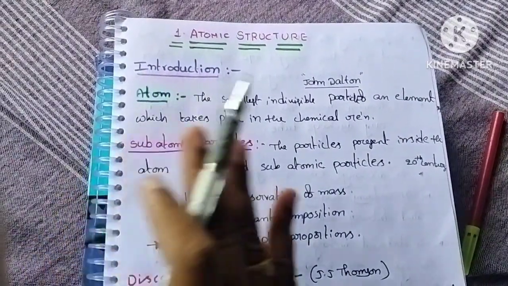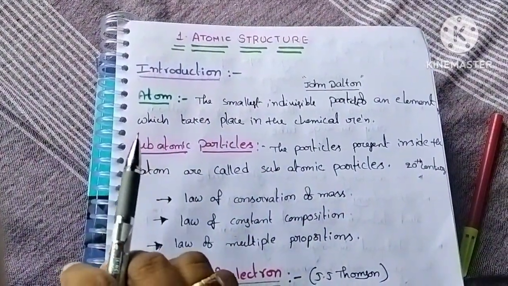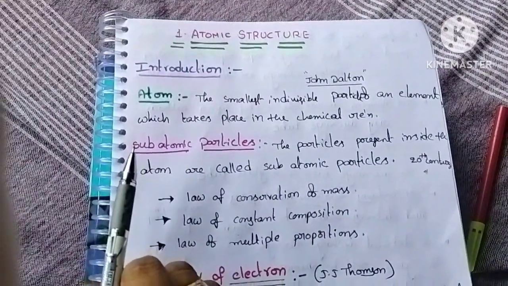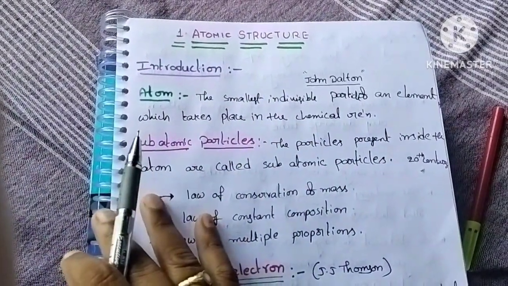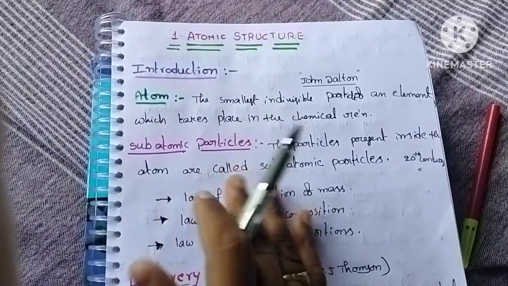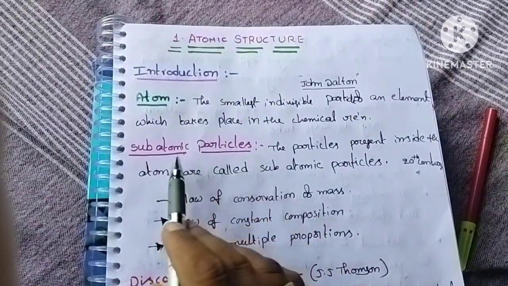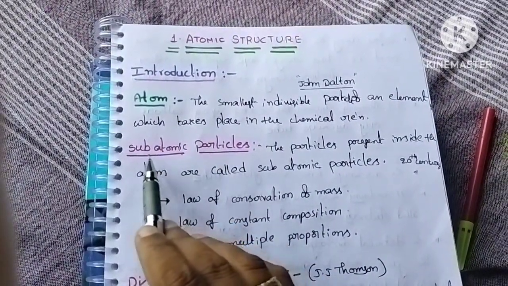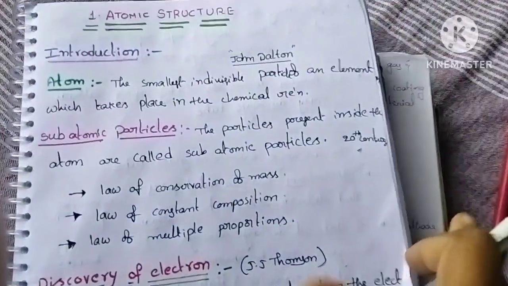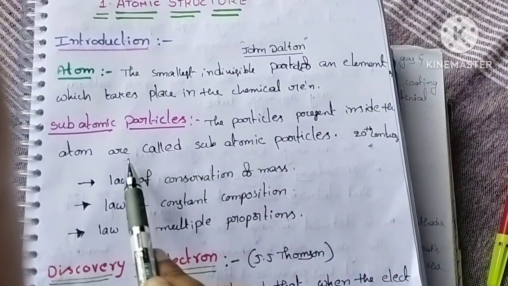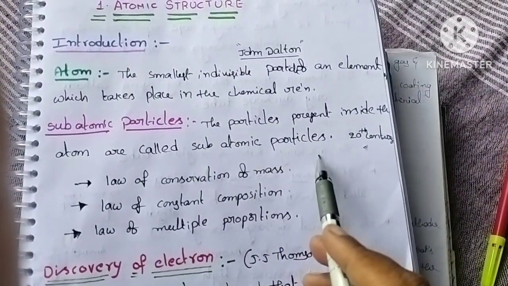That means inside the atom there are some particles present. Those particles we call subatomic particles. That means the particles present inside the atom are called subatomic particles.